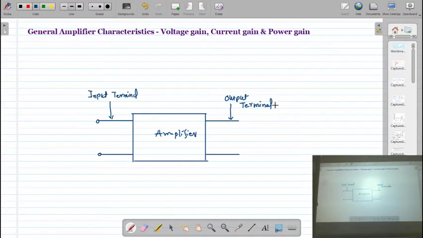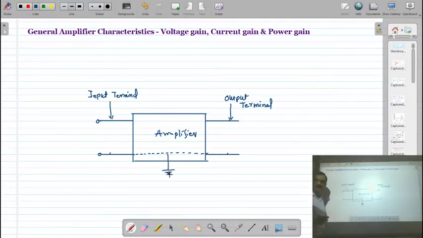And normally this second terminal is called a reference line. It means with respect to this we are measuring the input voltage, and with respect to this we are measuring the output voltage. So normally in the amplifier this reference line is common for the input and the output, and it is connected to the ground.